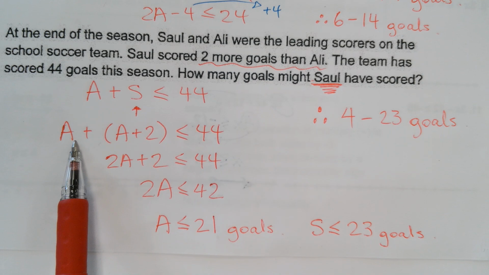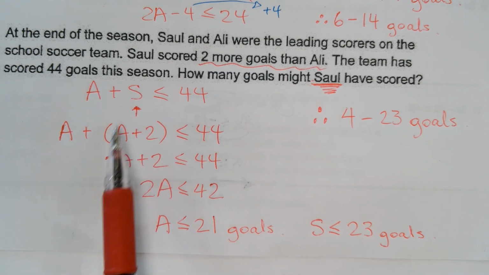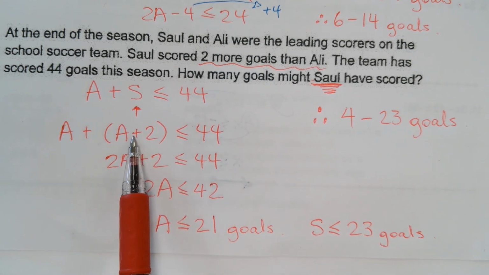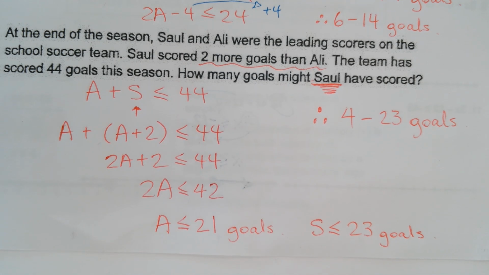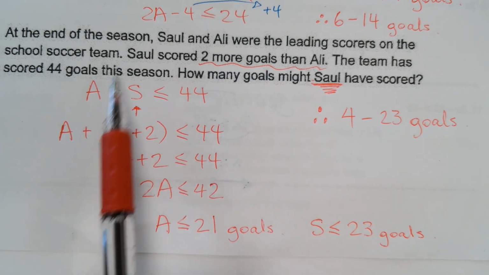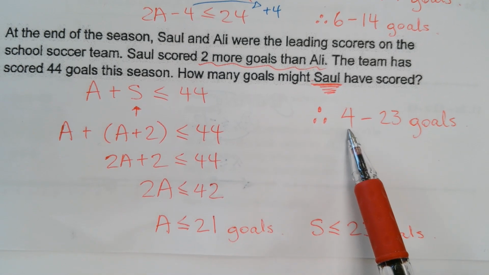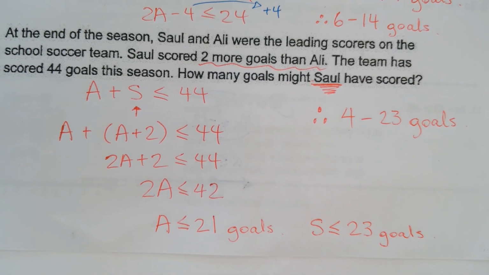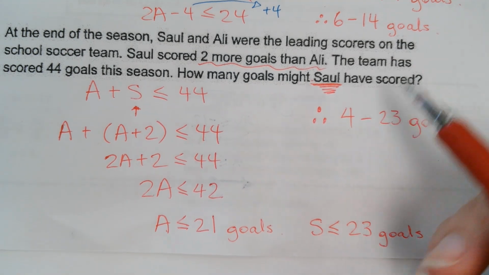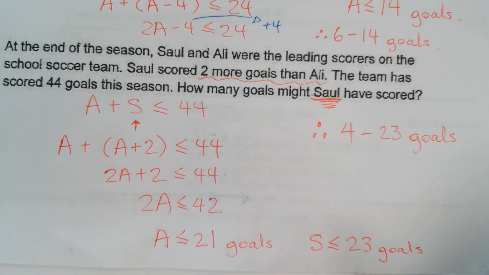If Ali scored 2 goals, then Saul can score 4 goals, and the rest of the team scores 1, which will still make them the leading scorers. So that's why your minimum right here is 4 goals, and your maximum is 23 goals. The minimum part right here, this is the thinking beyond part.